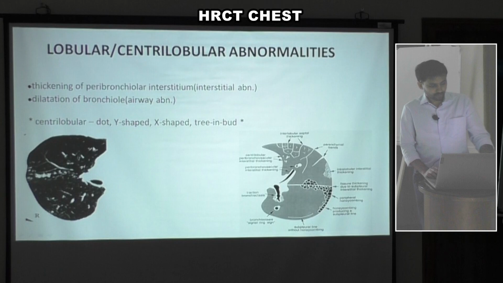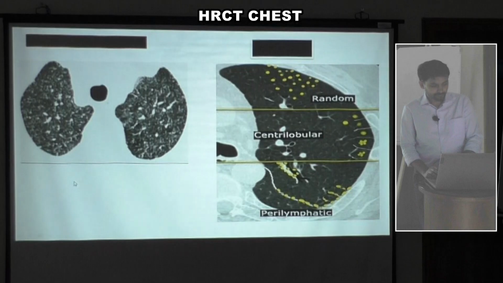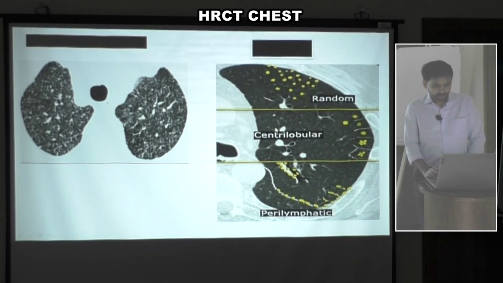So lobular, centrilobular opacities. These are thickening of the interstitium in specific shapes like X shape, Y shape, dot shape. The centrilobular distribution is close to the aortopulmonary window, and in the periphery it is random, with multiple spaces.